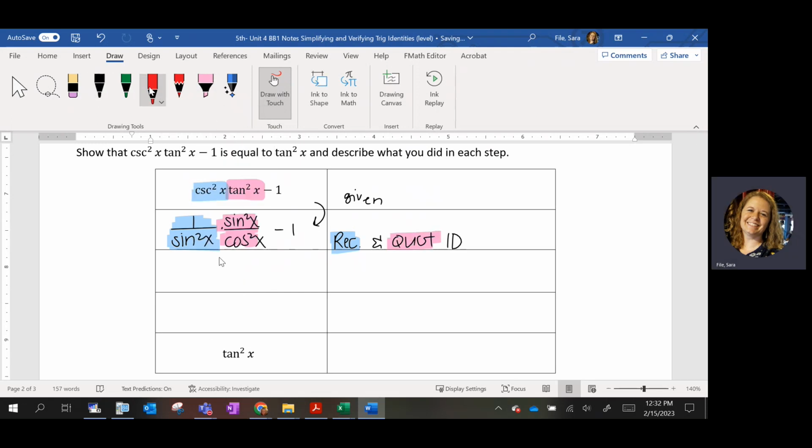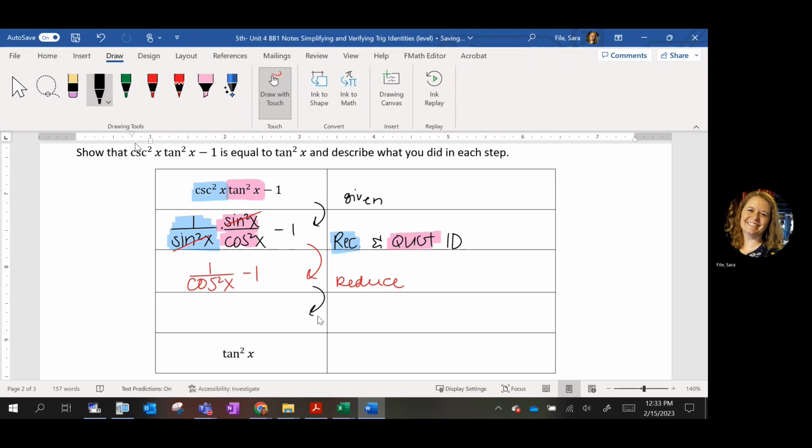Now algebraically, what can you do now? Simplify, because you've got a common factor in the numerator and denominator. So I can reduce from here to here, which would make this 1 over cosine squared - 1. What is 1 over cosine squared the same as?